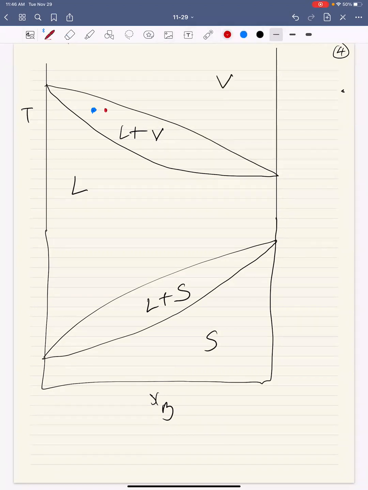This is also a point at which you want to split into a liquid and a vapor, right? This green one is also a point at which you want to split into a liquid and a vapor. All of these are at some common temperature. The thing to keep in mind is, irrespective of whether you are at green, blue, or red, the concentration of the liquid that you form will be here, and the concentration of the vapor that you form will be here. Okay, it's just that the relative ratio will change. Is that clear?